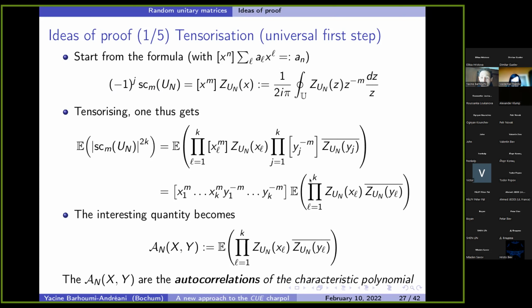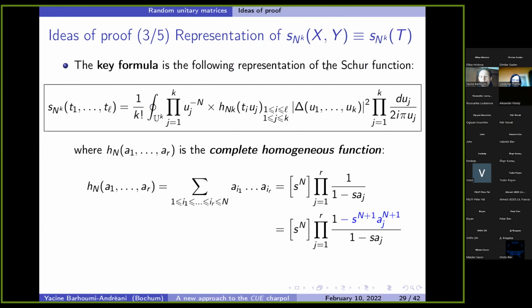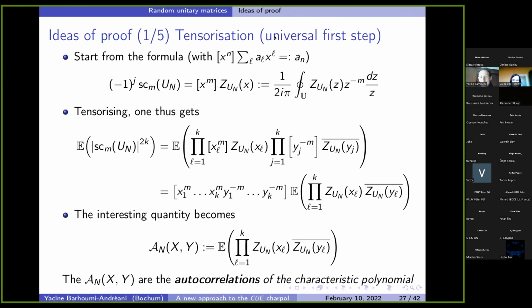And so what you want to compute now is a multivariate Fourier coefficient of this expectation of products, which is called the autocorrelation. I said that this is a universal first step because all the computations start like this. So this is really the beginning.